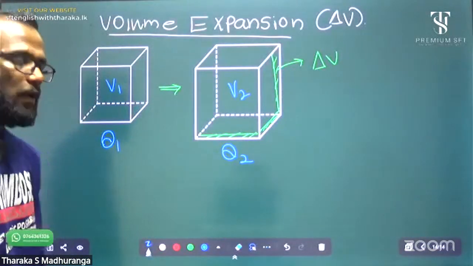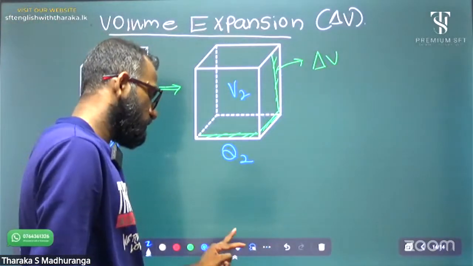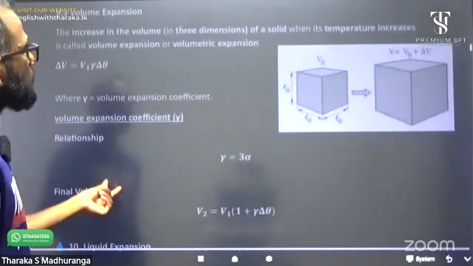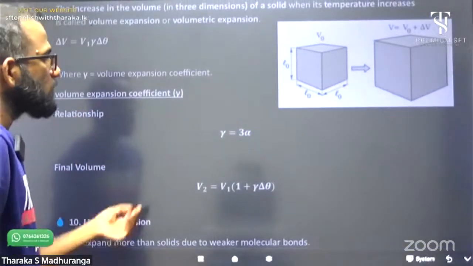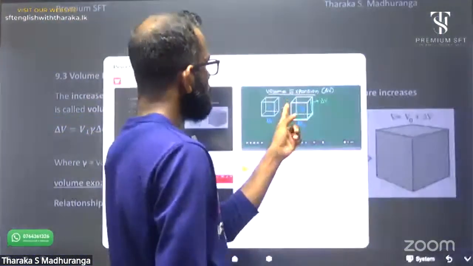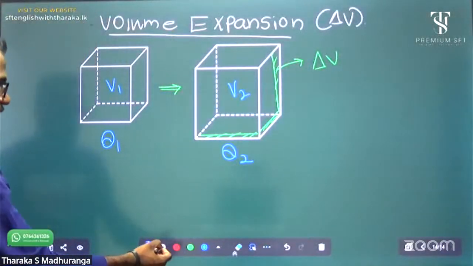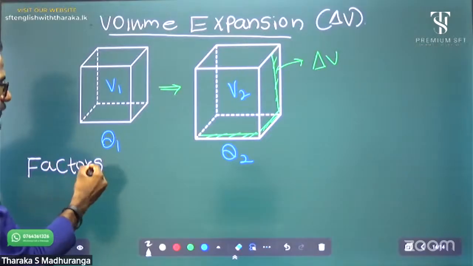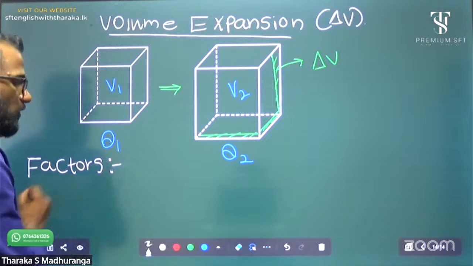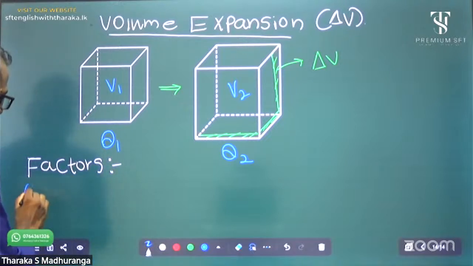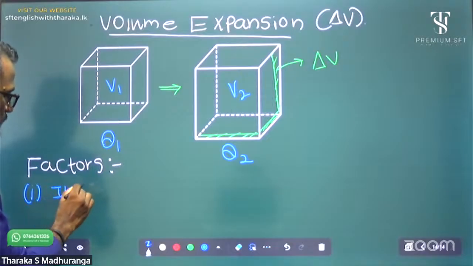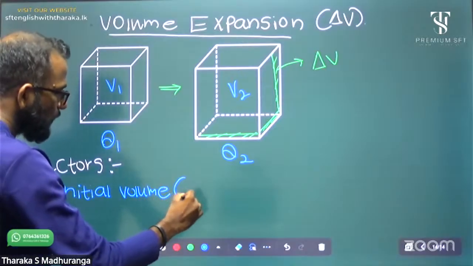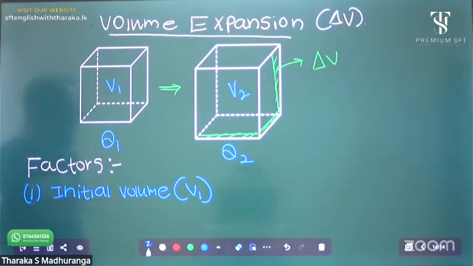Now, there are 3 main factors affecting volume expansion as well, same as previous. What are the factors? The first one is the initial volume, symbol V1.